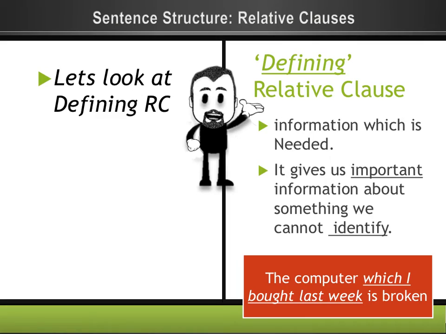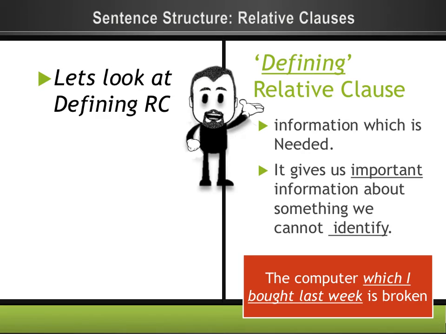Okay, group 2. Let's look at defining relative clauses. Okay, this time the information is needed. Remember, it is necessary information. It is a definition. So when we need a definition is when we cannot identify something.